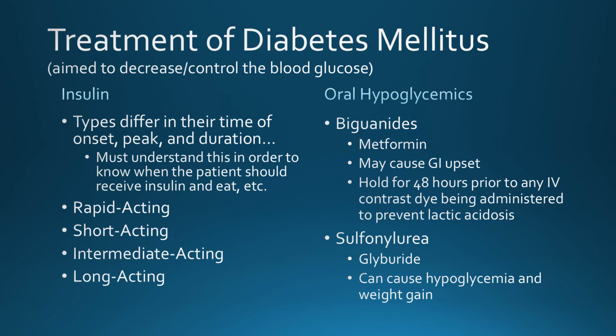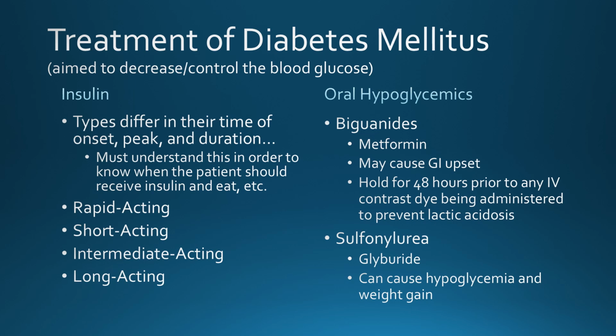And the duration, so how long does it last once it's in the body? So when you are preparing for clinical and looking up these different types of insulin, it is critical that you understand what type of insulin it is and how it's going to work in the body, so that we know when the patient should receive that insulin in relationship to when they eat.